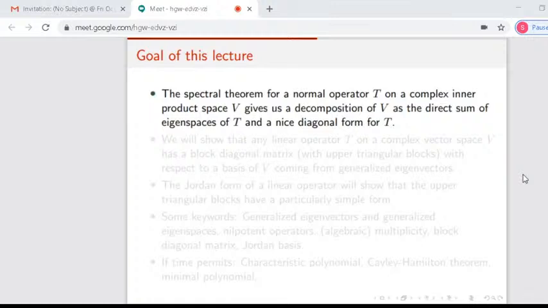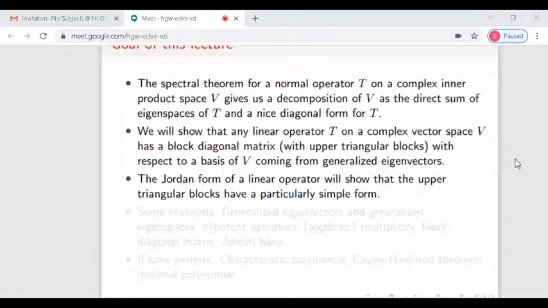The next thing is we look at refining this result to get what is known as the Jordan form of a linear operator, which will show that each of these upper triangular blocks has an even simpler form. To be precise, in this upper triangular form of each block, the diagonal elements will be the corresponding eigenvalues for that generalized eigenvector space, and the line above this diagonal will have ones and everything else is zero.